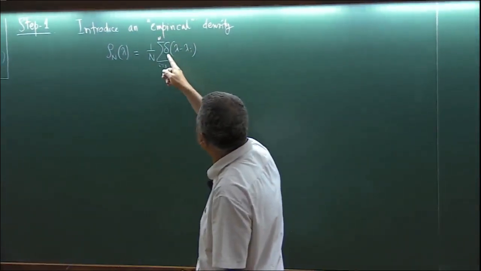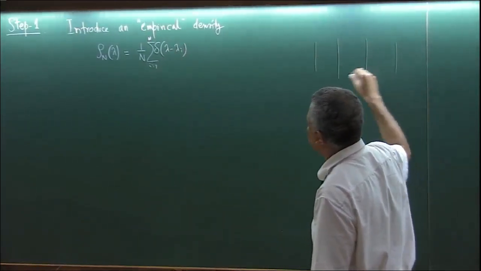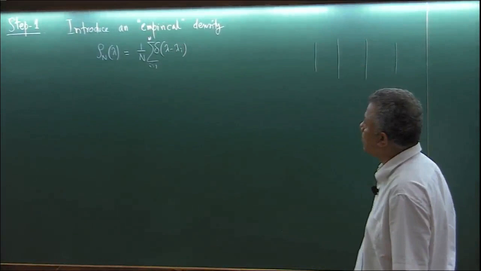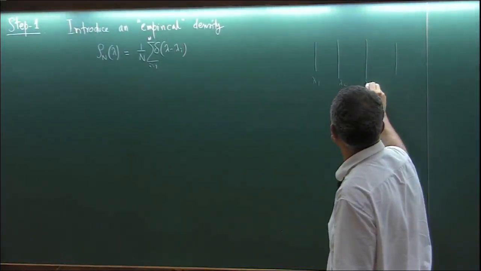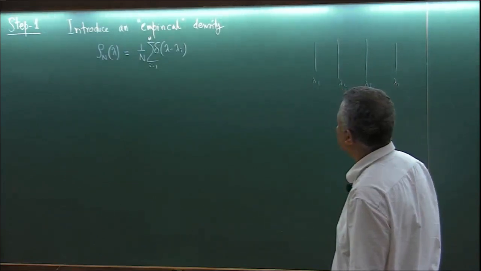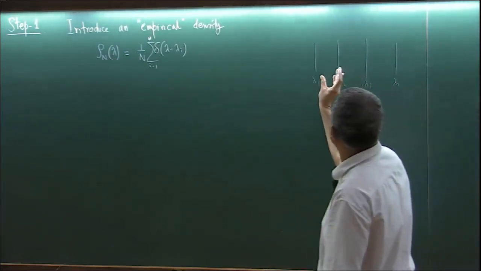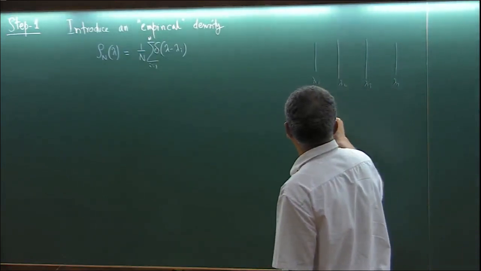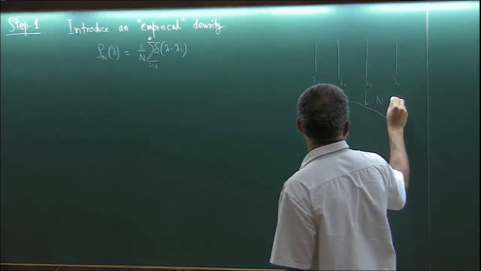For finite n, it's a bunch of delta functions, peaked at lambda 1, lambda 2, lambda 3, lambda 4, etc. What happens when n becomes very large is that they come closer to each other, and this becomes a smooth function. So this is in the large n limit.